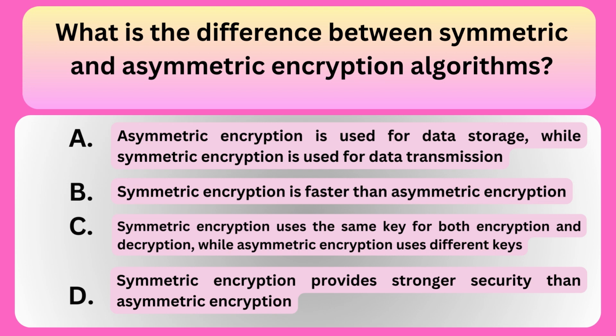Symmetric encryption uses the same key for both encryption and decryption, while asymmetric encryption uses different keys. Symmetric encryption provides stronger security than asymmetric encryption. And the right answer is option C.